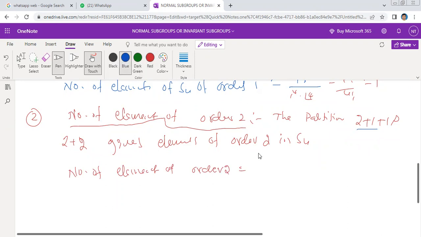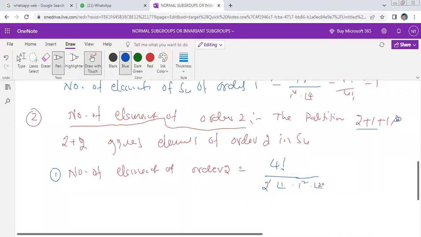This is case 1. How to split the partition? 2 plus 1 plus 1: 4 factorial by 2 is repeated only one time, 2 power 1 into 1 factorial. Now 1 is repeated 2 times, 1 power 2 into 2 factorial.